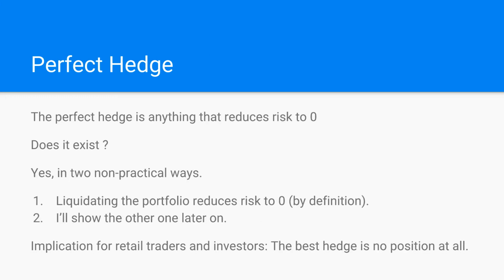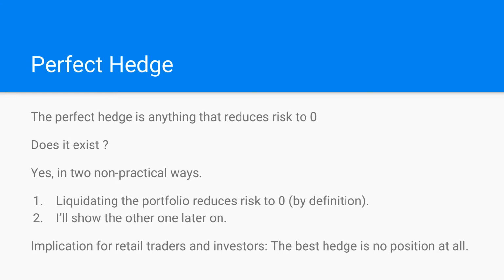So anyway, the holy grail connects with the perfect hedge. The perfect hedge is anything that reduces risk to zero. So if you have a portfolio with certain volatility and you can find something that removes volatility, that's the perfect hedge. Does it exist? Well, the short answer is no, it doesn't exist. However, maybe in non-practical ways it exists. The easiest way to have a perfect hedge, for instance, is to liquidate your portfolio.